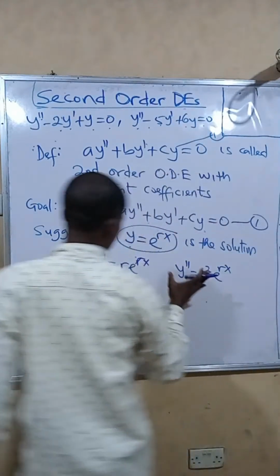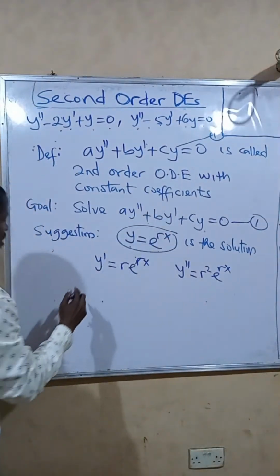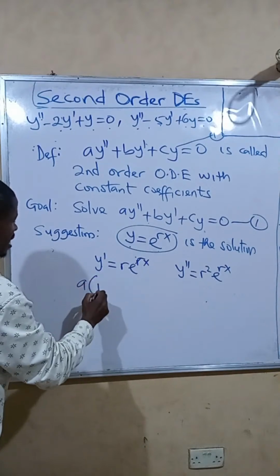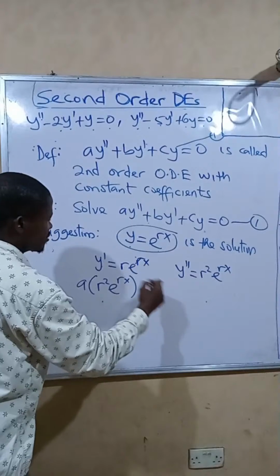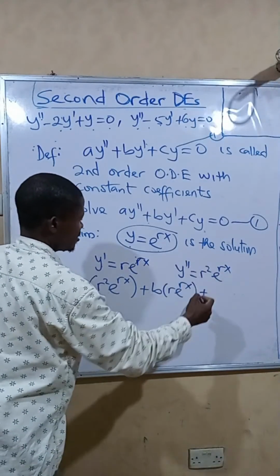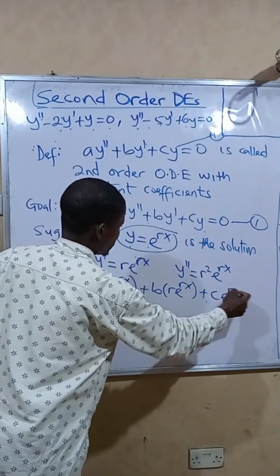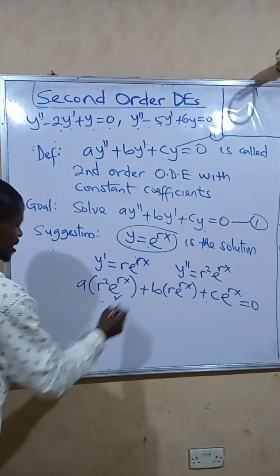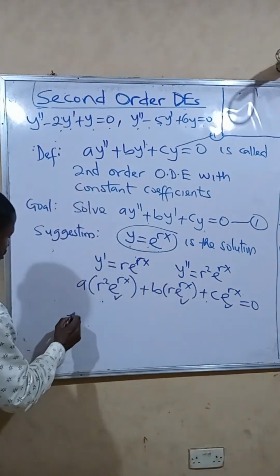So then begin to put this into equation 1, and that will give us y double prime is r squared times e to the power rx, plus b times the first differential, which is this, and then plus c times y, where my y is this, equal to 0. Then e to the power rx is here, it's also here, so you can factorize that.